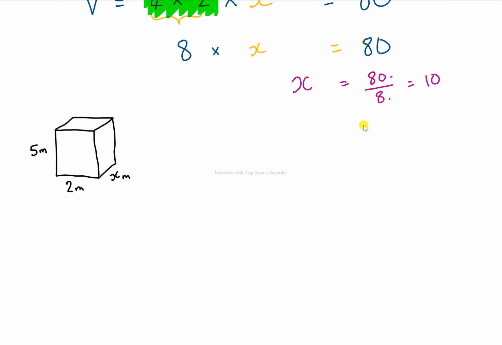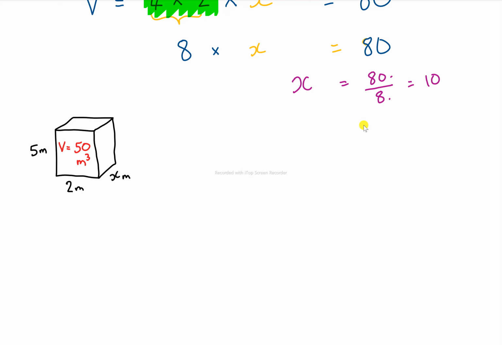It can be in any order. Right, I know that the volume V is 50 meters cubed.